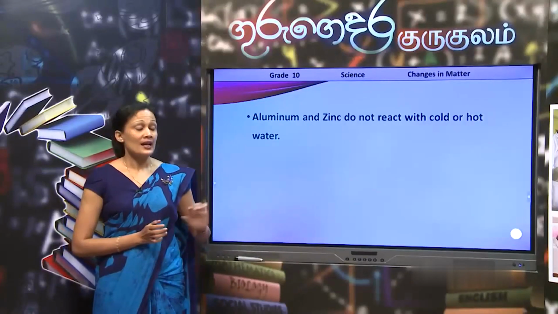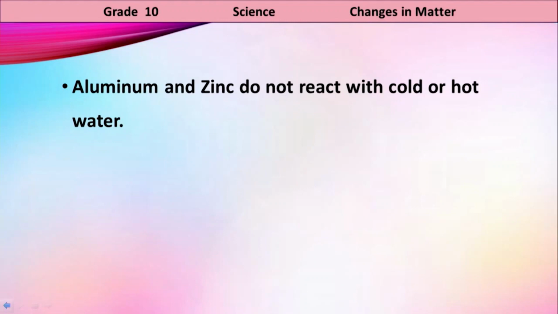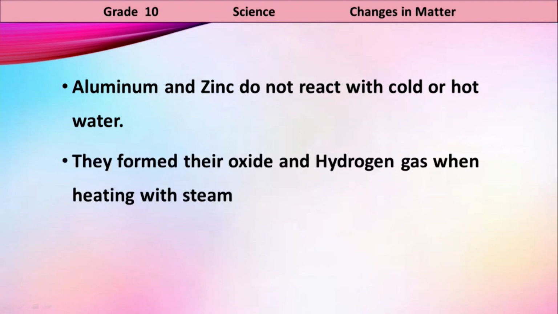Zinc does not react with cold water or hot water. It forms its oxide and hydrogen gas when heated with steam. Look at this equation. When zinc reacts with steam, it forms zinc oxide and hydrogen gas.